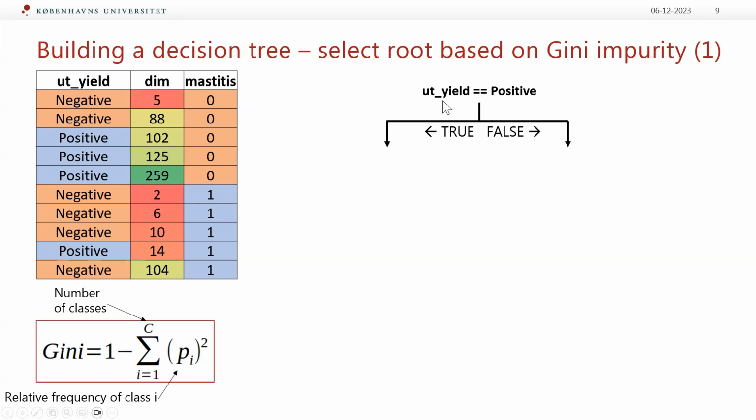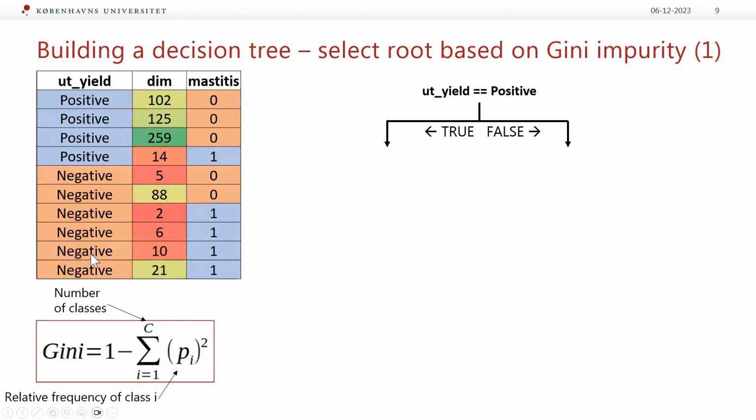So we can start, for example, by considering the standardized forecast error of the milk yield, where we ask the question, is this positive? And just to make it easier, we'll just sort the data based on this column. So we can now see that in the cases where this statement is true, we have a total of 4 observations.